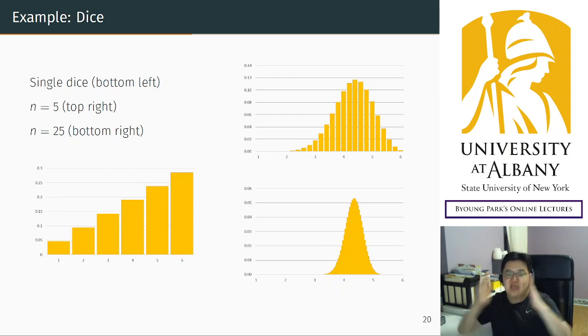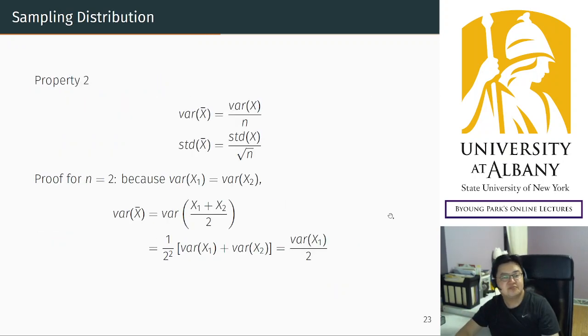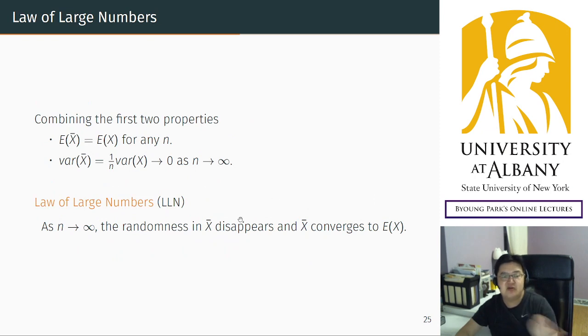In the end, it will collapse down to 1 point. So there will be a simple spike in the end, in the limit, theoretically. So you may understand it as no randomness, which means no error. It's 100% accurate, no uncertainty. So that's the meaning of the law of large numbers.